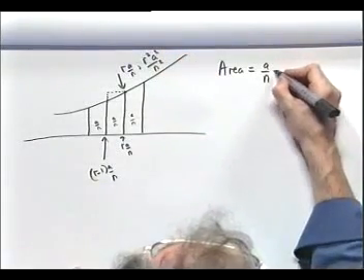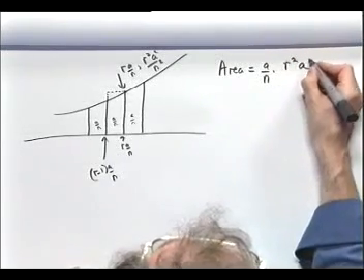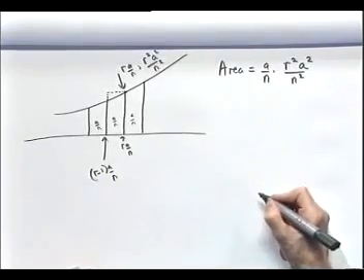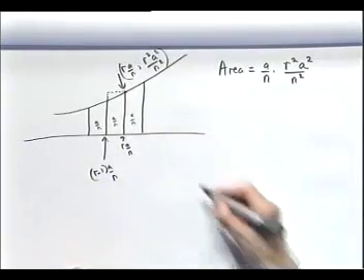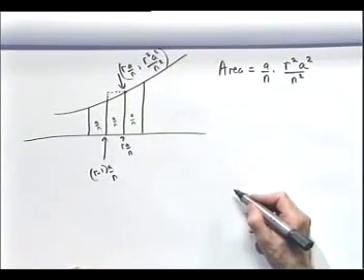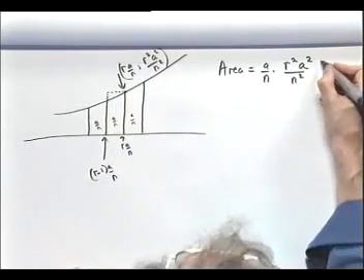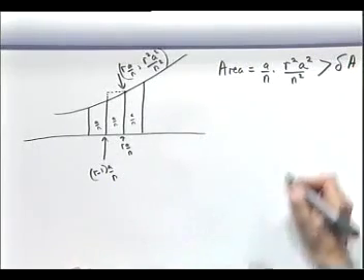So the area is A over n times that height, r squared A squared over n squared. Okay. So this is the area of the strip, and it's bigger than this area underneath the curve. Let's call that delta A.